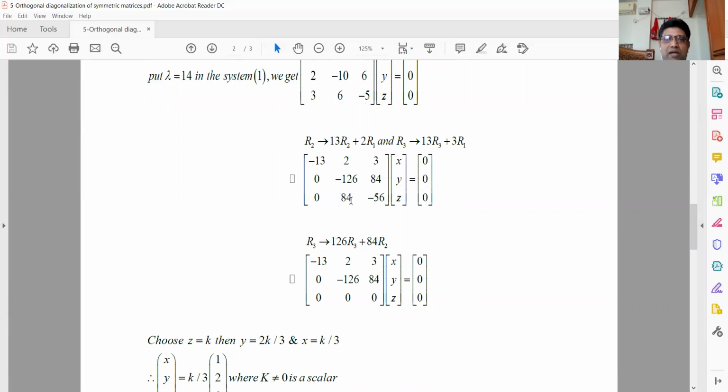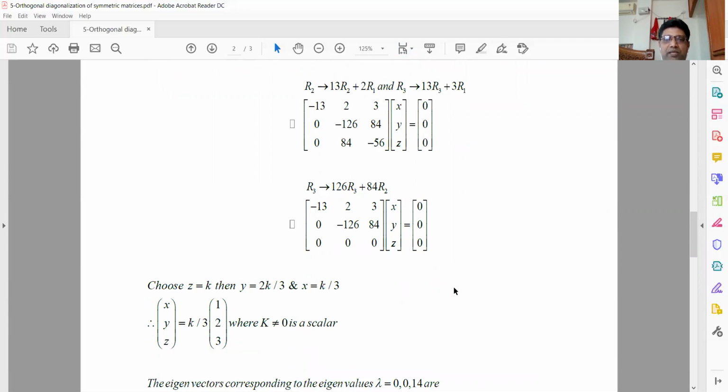Next, I have to make the entry 84 as 0. For that, I am multiplying the third row with 126 and the second row with 84, and I am adding both. So I got this. Now from this I can write minus 126y plus 84z equals to 0. That is one equation. Another equation is minus 13x plus 2y plus 3z equals 0. Here I am choosing z equals to k. So I will get y equals to 2k by 3, and if I substitute that in the equation minus 13x plus 2y plus 3z, I will get x.